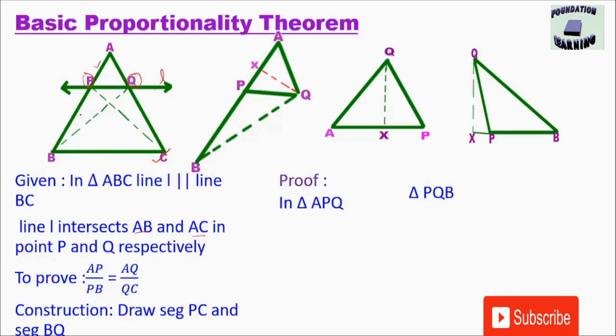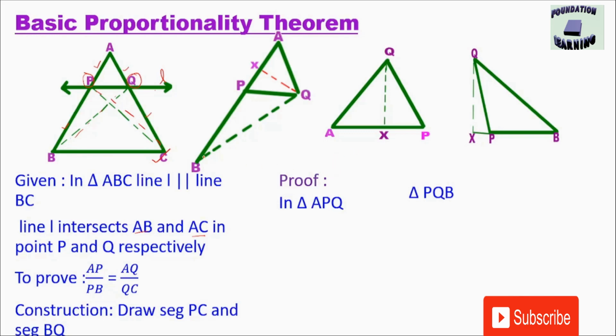In order to prove that AP upon PB is equal to AQ upon QC, we have to do a small construction. Draw PC and BQ. So this construction is there, PC and BQ. Now we are going to take the triangles separately.